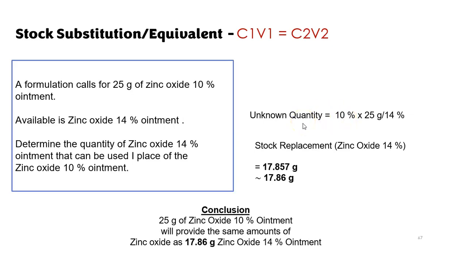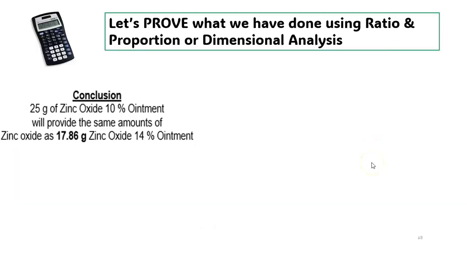C1V1, C2V2, we know that we want some amount of drug to be provided by the stock. So the stock replacement is a 14%. So 10 over 25, let me go and put everything here on the slide.